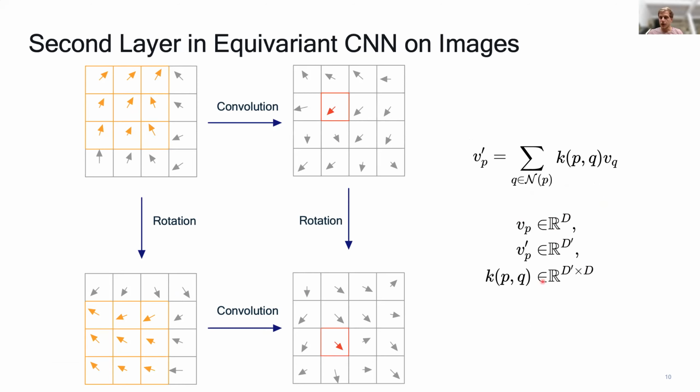The message passing kernel is a d prime by d matrix. And again, we could have an equivariance constraint, meaning that if we rotate the input image, where we know that we rotate not only the pixels, but also the direction of the vectors, then rotation and convolution is the same as convolution and then rotation. If this is satisfied, then this second layer would also be equivariant.